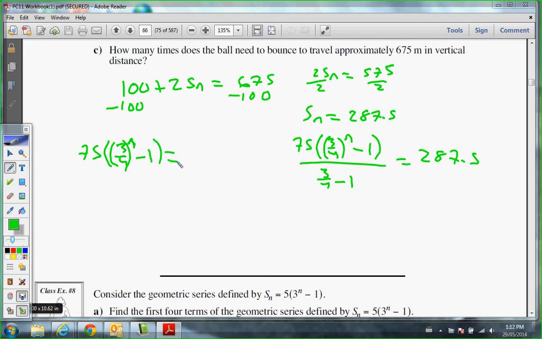When you do that, that gives me negative 71.875. Then I'm going to divide by 75.